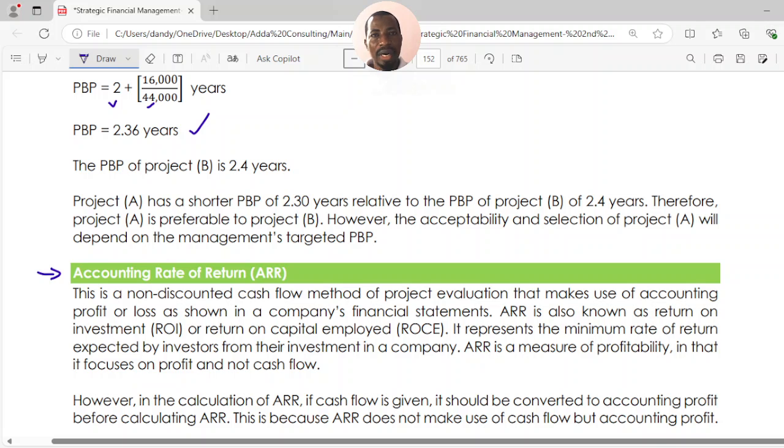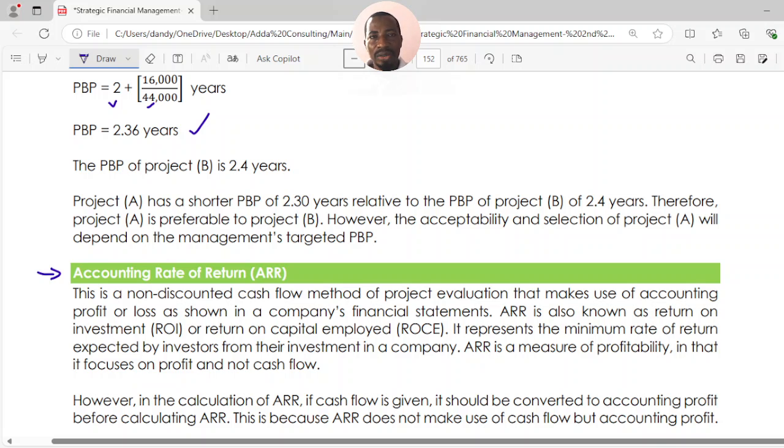So if you are asked to calculate the accounting rate of return, you are expected to use accounting profit or loss. You don't use cash flow for calculating accounting rate of return. So what this simply means is that if you are given cash flows and you have to calculate accounting rate of return, you are expected to convert the cash flow to accounting profit or loss before computing your accounting rate of return.